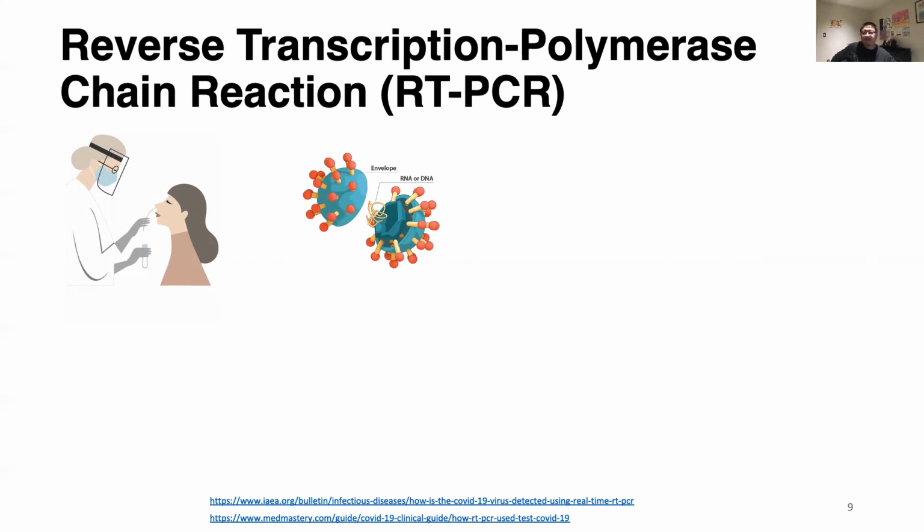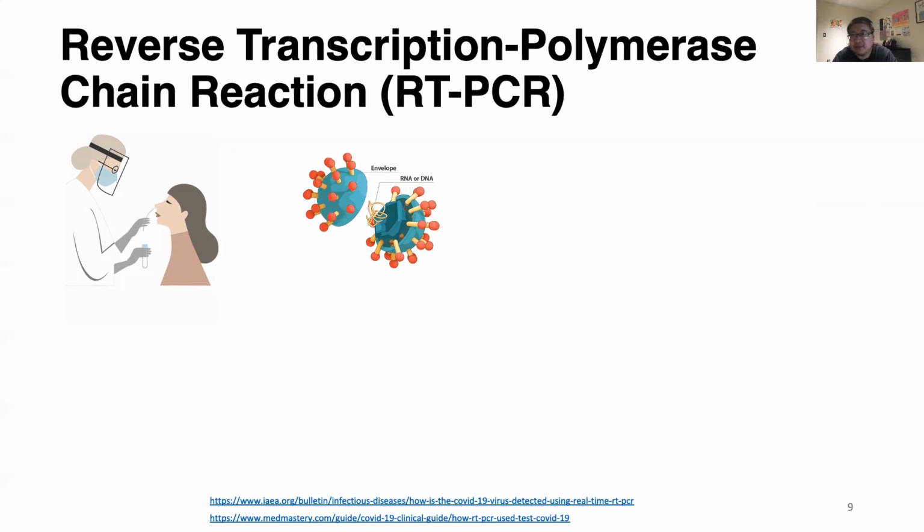And because the SARS-CoV-2 virus is an RNA sequence, in order to achieve the goal of replication and increase the viral load during the testing, we first need to make this RNA sequence double-stranded like DNA, and then it can be replicated.